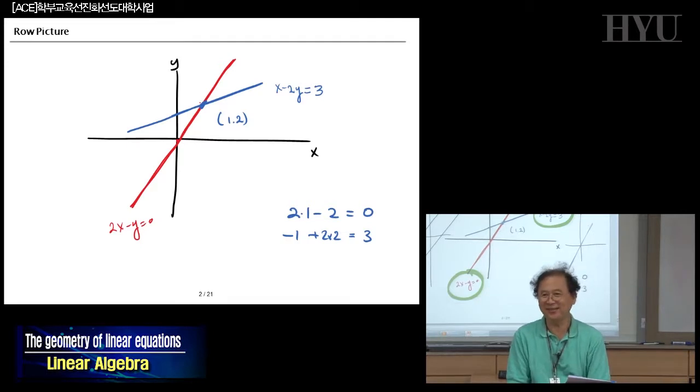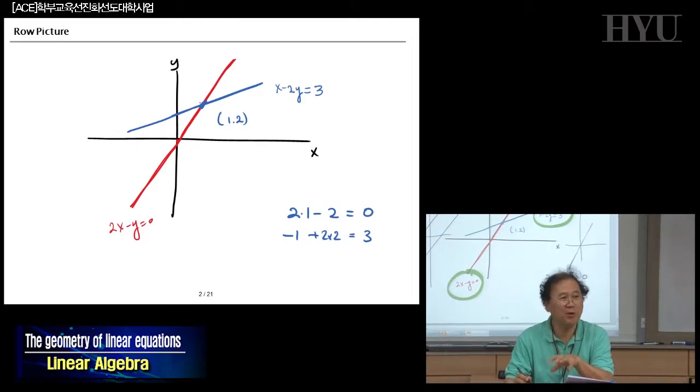So in that case, how many solutions do you have? Infinite, right? So when you have linear equations, there is always either just one solution, no solution, or infinitely many solutions, right? Okay, it's pretty easy, right?